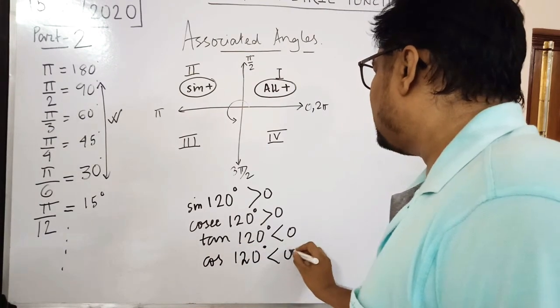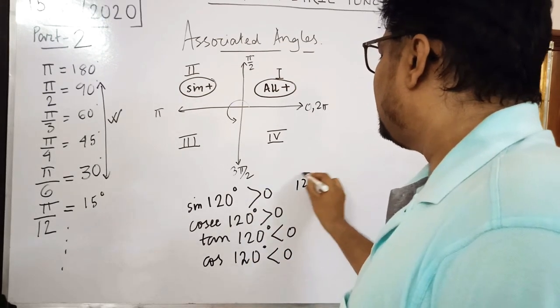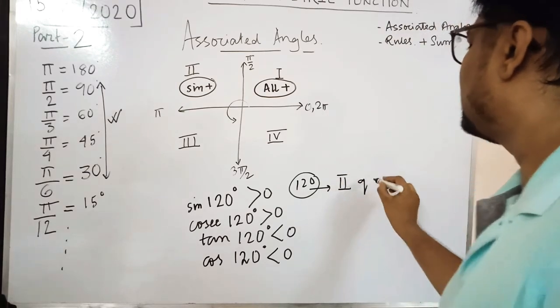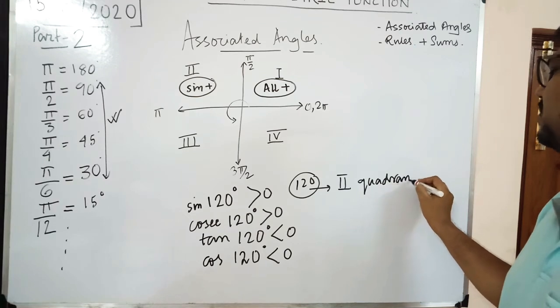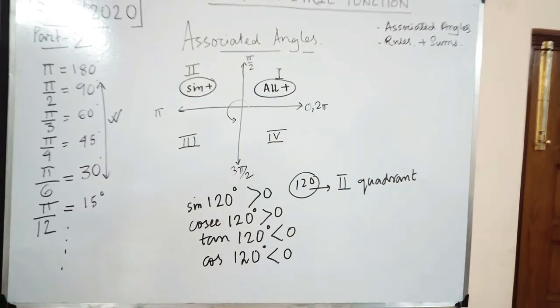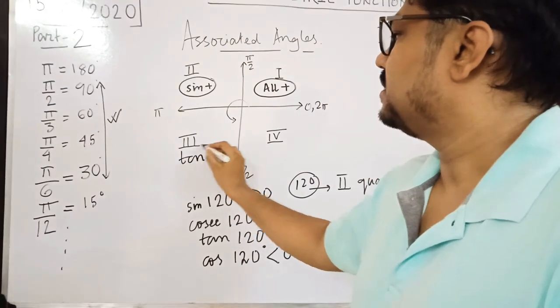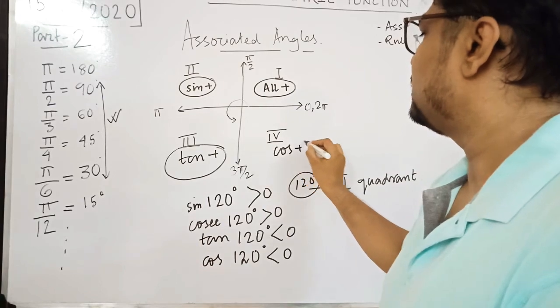Why negative? Because the angle 120 lies in the second quadrant. Got the point? Now for the third quadrant, tan is positive, and for the fourth quadrant, cos is positive.